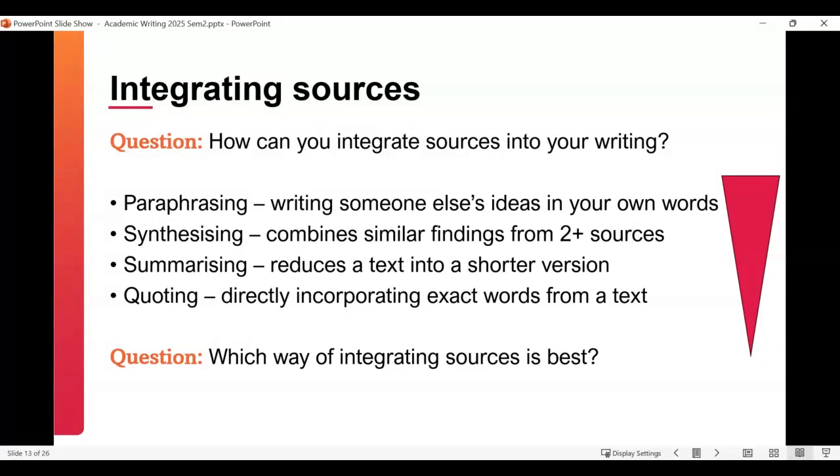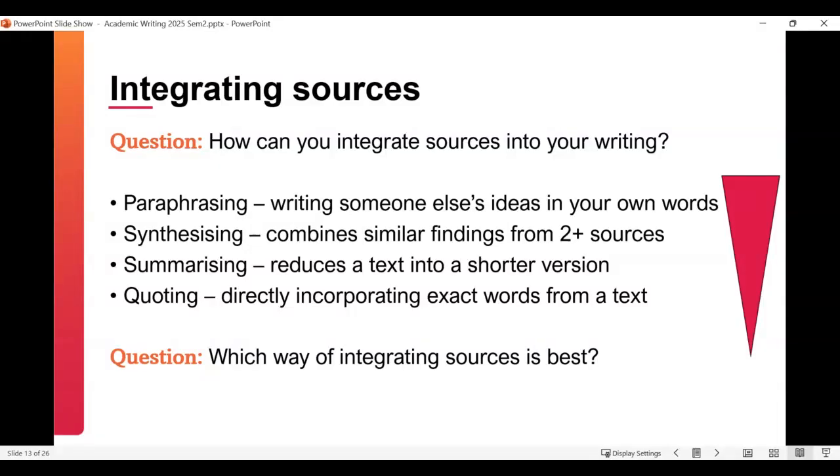Paraphrasing and synthesizing are sort of the same anyway, but for one or more different sources. In a way, when you paraphrase, you automatically summarize, because you wouldn't take the entire writing. You would take a summary of it and then use that to paraphrase. So the first three are very similar, and you would use them together.